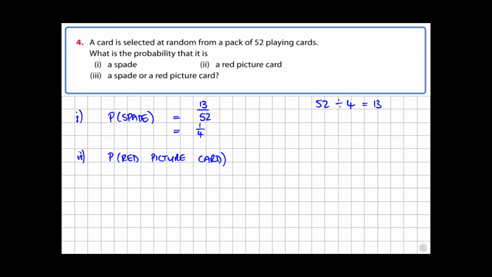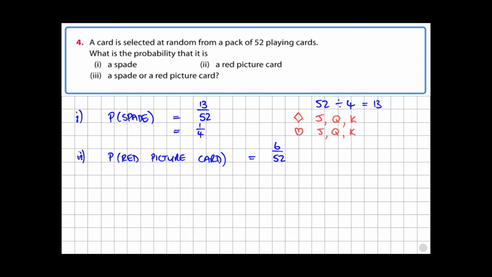So let's think of the picture cards. You've got the Jack, the Queen, and the King. Now, they're all of diamonds. The other red ones that come up are of hearts, the Jack, the Queen, and the King. So you can see there, the probability of getting a red picture card is going to be 6 out of a possible 52.